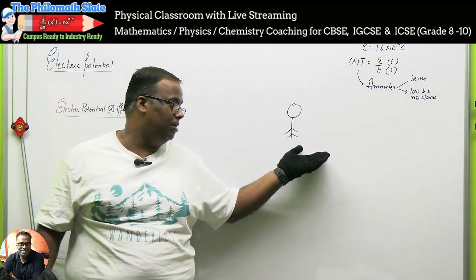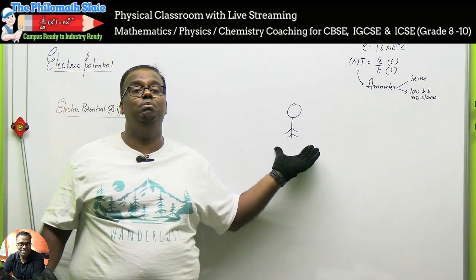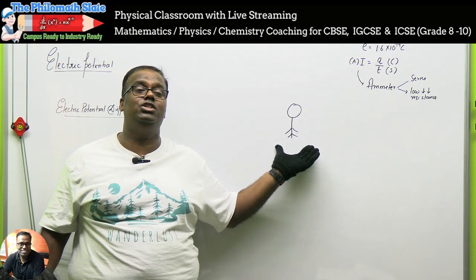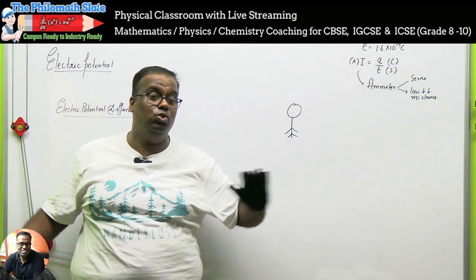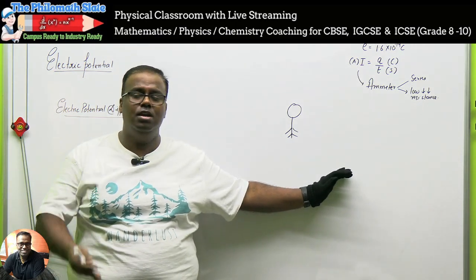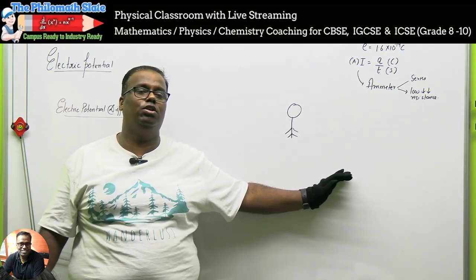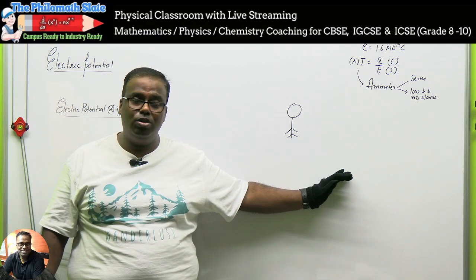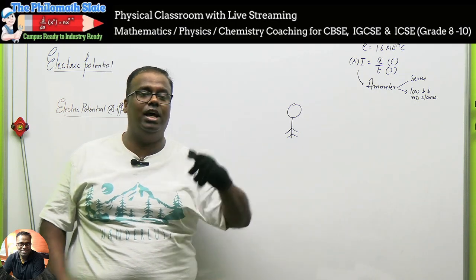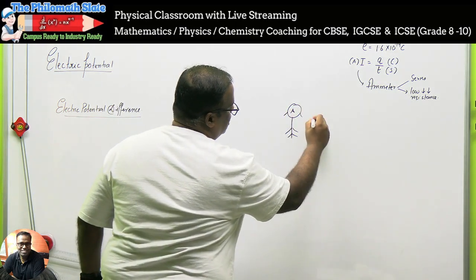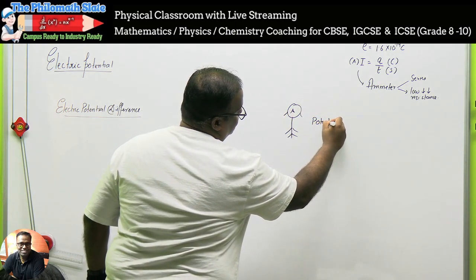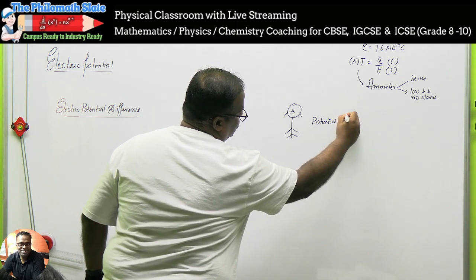You cannot measure the exact potential of any body or system. As of now, I'm not talking electricity. You cannot measure. If I say that Aparna has a lot of potential, I cannot comment what is her potential. When I say that, say suppose this is Aparna, and I'm saying that this girl has a lot of potential. पहले इस चीज को समझो तो ही आप समझोगे, lot of potential.